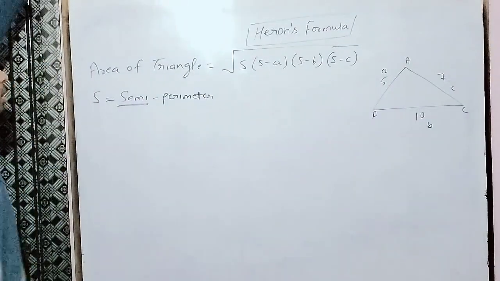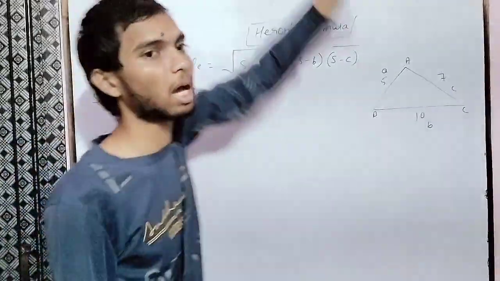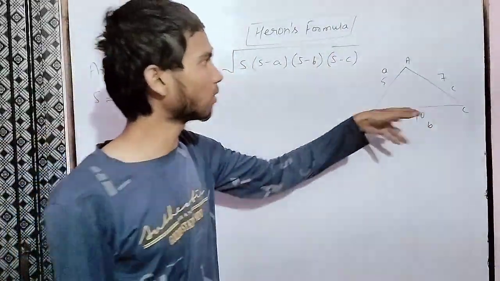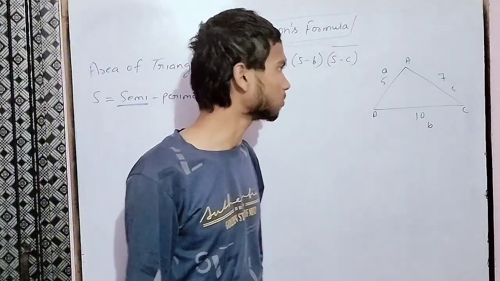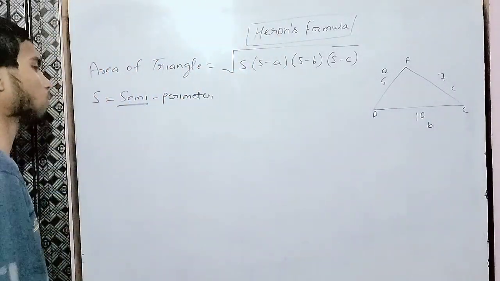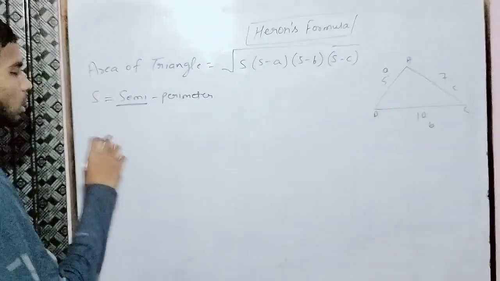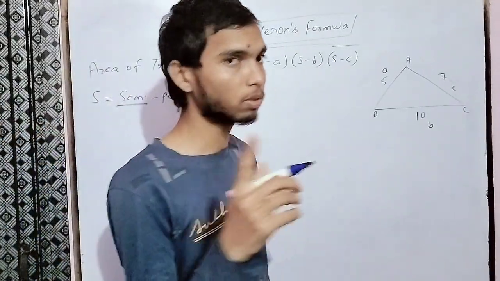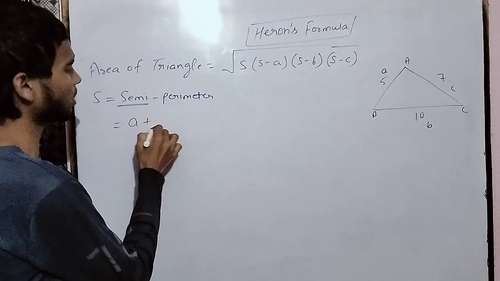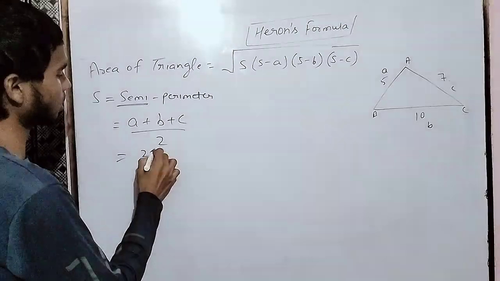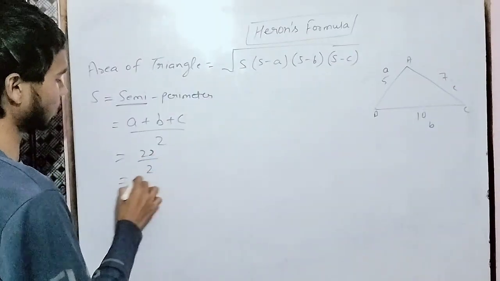But here it is the semi perimeter, not the perimeter. Semi means half. Whatever distance you have covered around the triangle, just halve it. So 22 upon 2 will be 11.